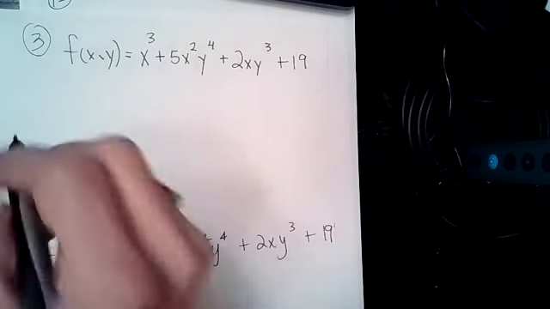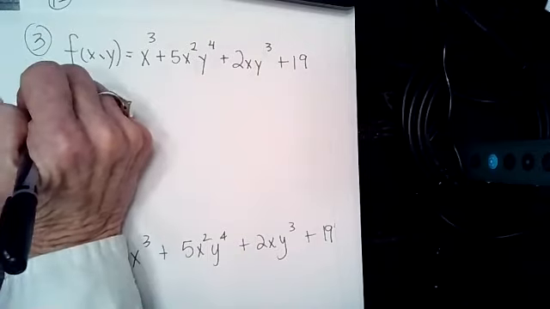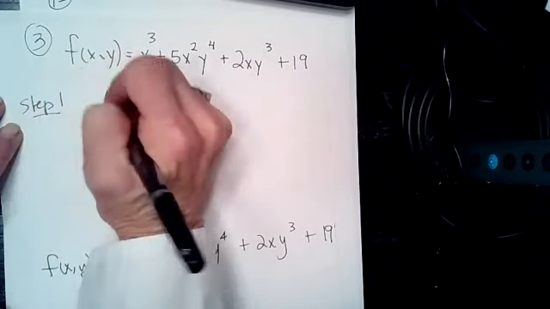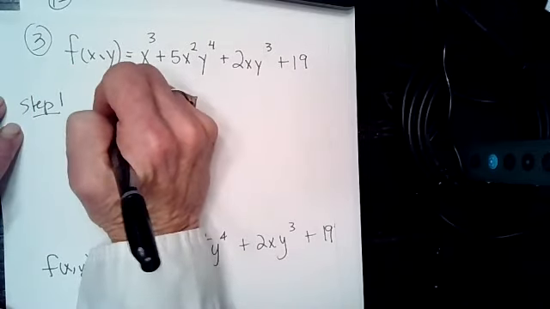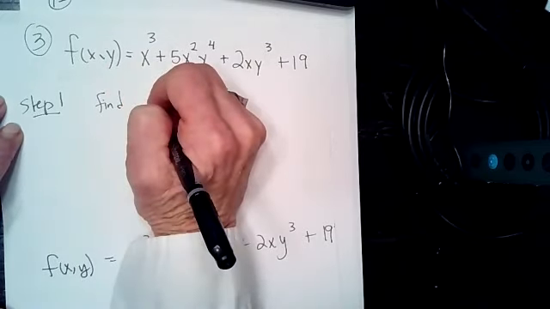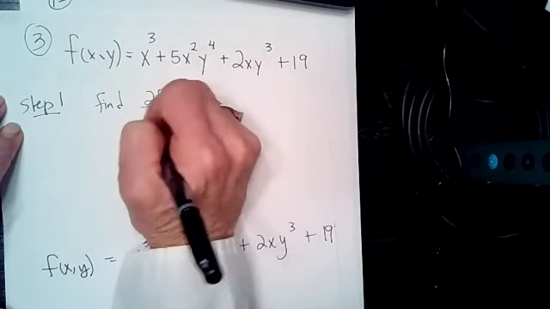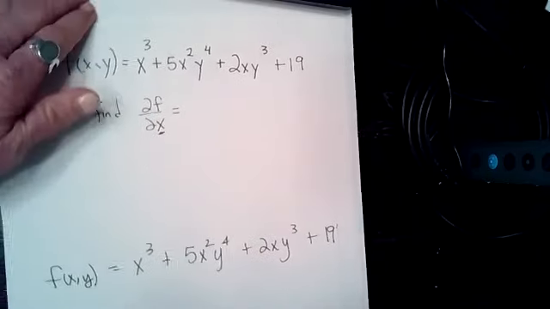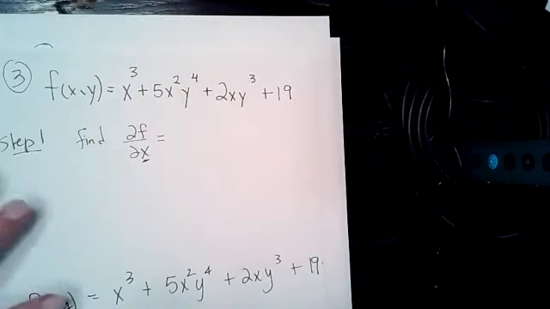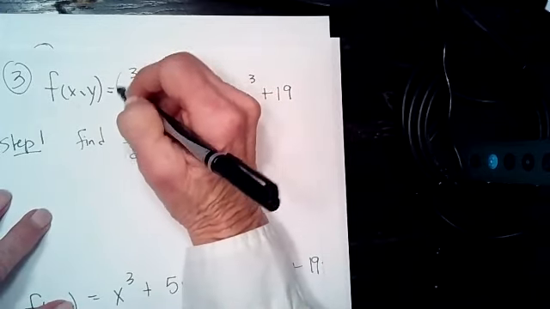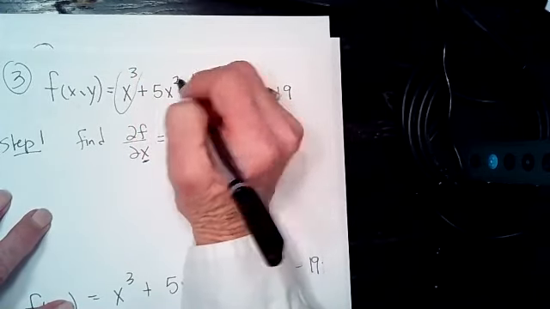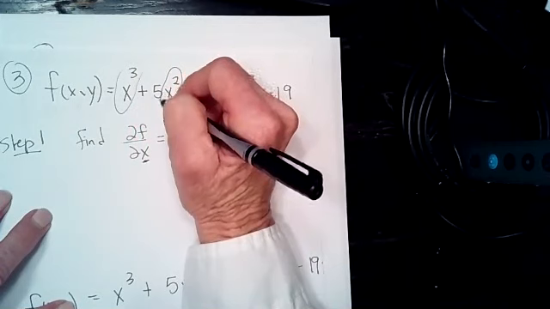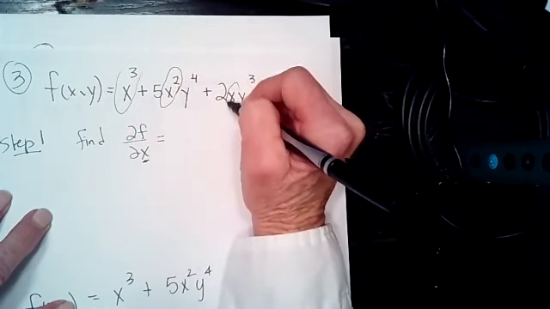Step 1, they asked me to find the derivative of f with respect to x. So x is my variable term and y is my constant term. This is what helps me a whole lot.